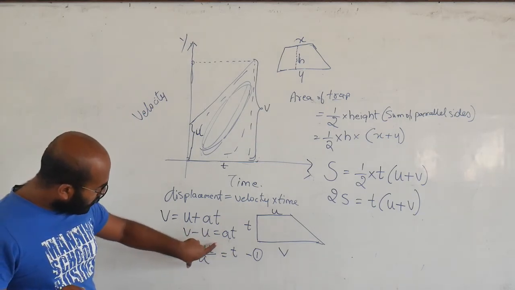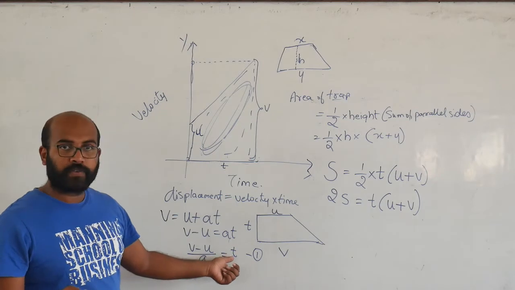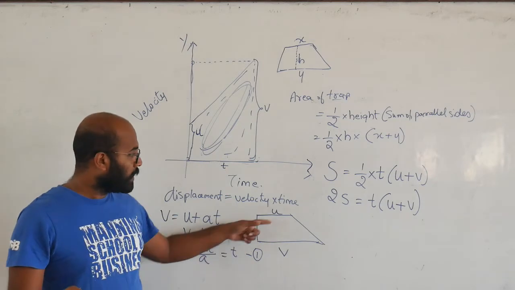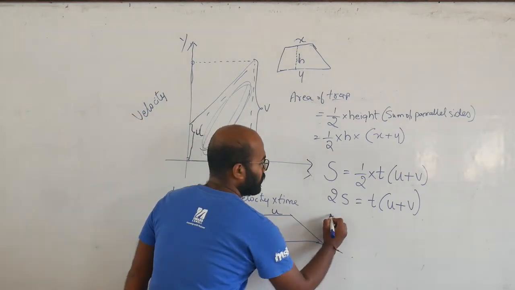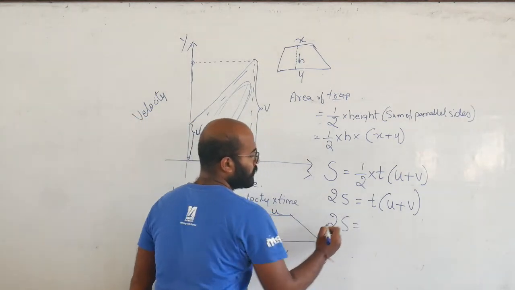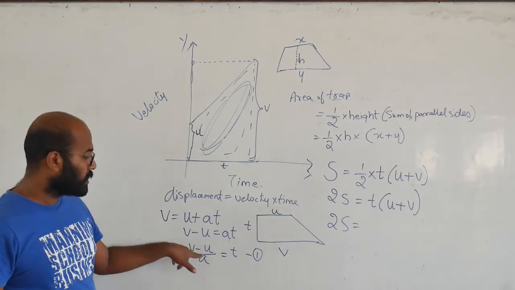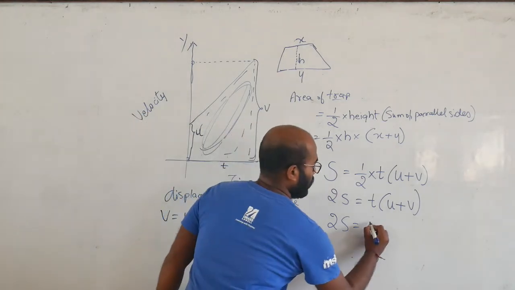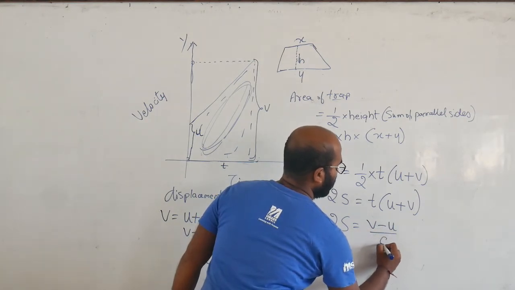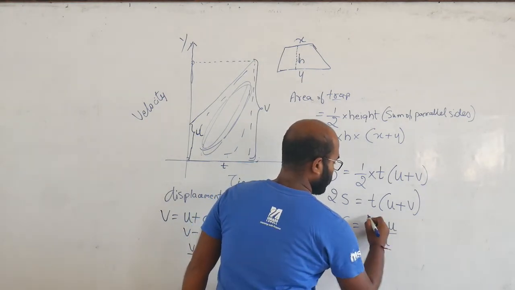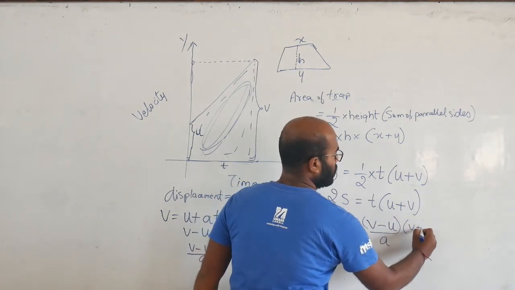Now I substitute this equation here. In place of t, I am substituting v minus u by a. So 2s is equal to v minus u divided by a, into u plus v. We write u plus v as v plus u.